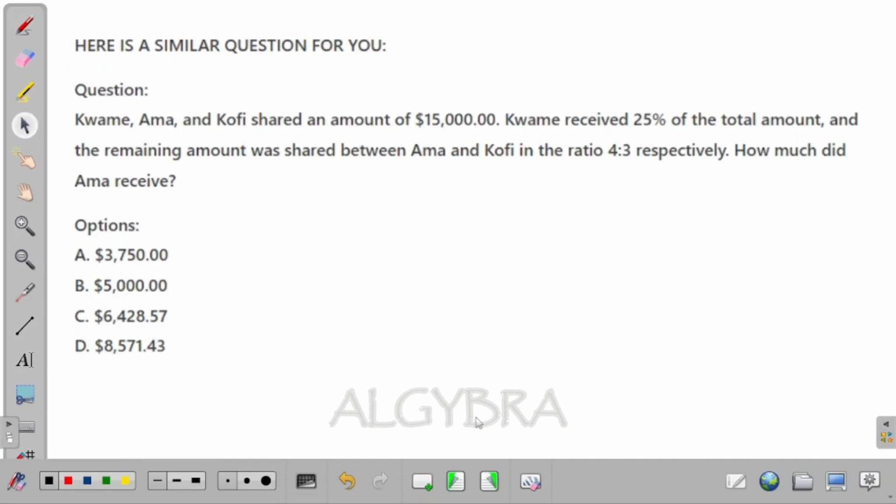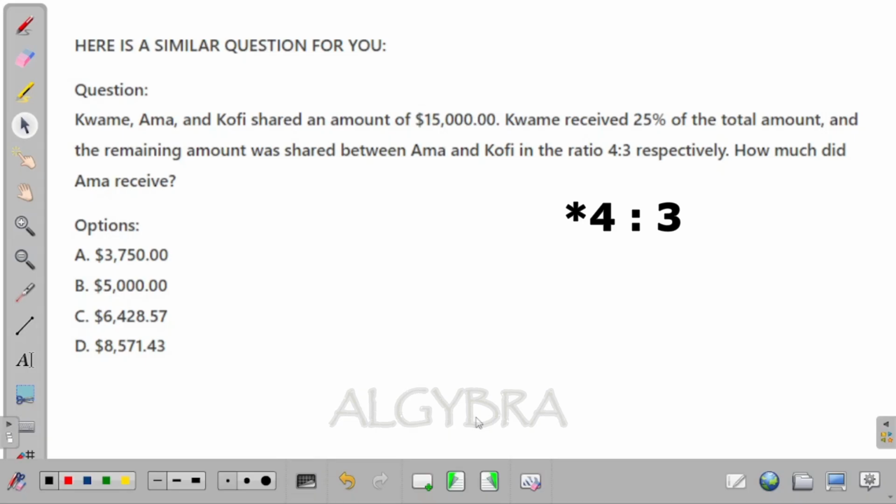Okay, so based on what we've learned in this video, here is a similar question for you. It says, Kwame, Ama, and Kofi shared an amount of $15,000. Kwame received 25% of the total amount, and the remaining amount was shared between Ama and Kofi in the ratio of 5:3, respectively.